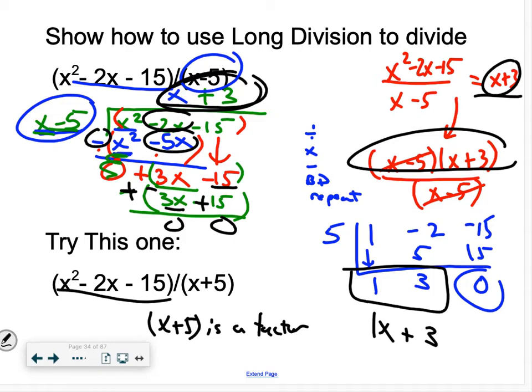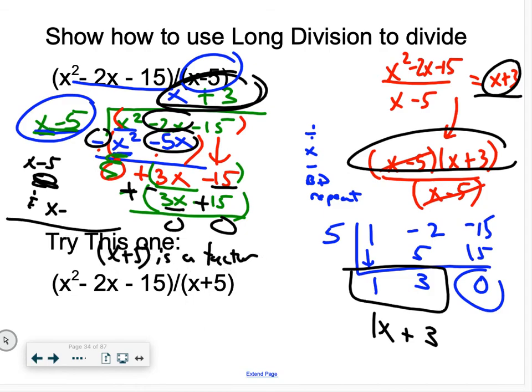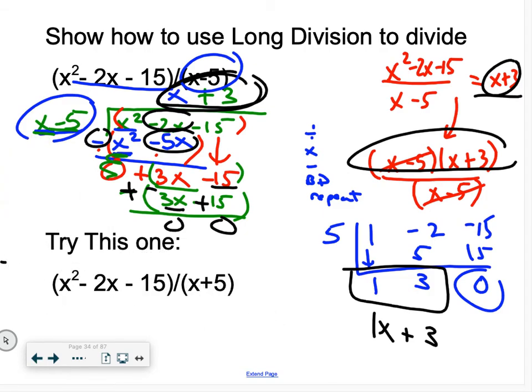Sorry, it's not x plus 5, is it? It's x minus 5 that is a factor. X plus 5 wasn't. Sorry about that. When we divide by x minus 5, it is a factor.